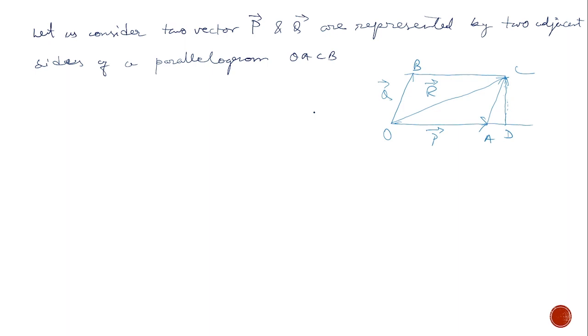Okay, so OA is equal to P vector and OB is equal to Q vector.